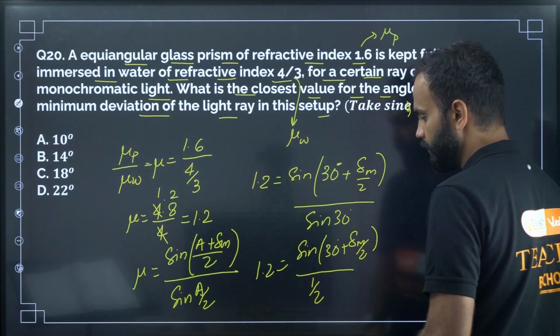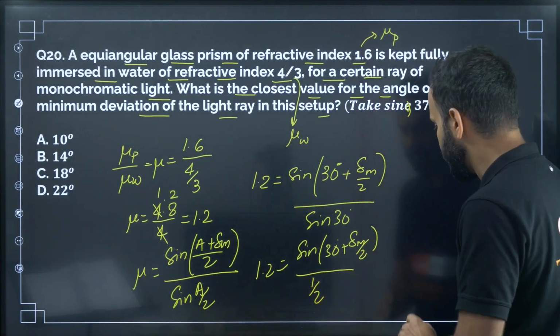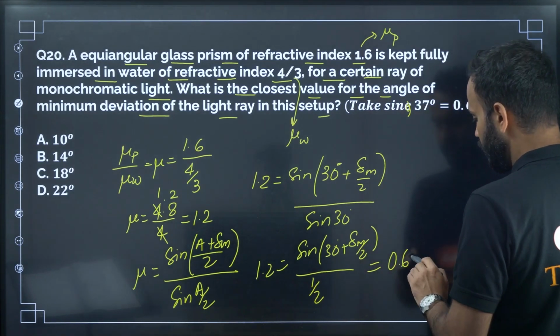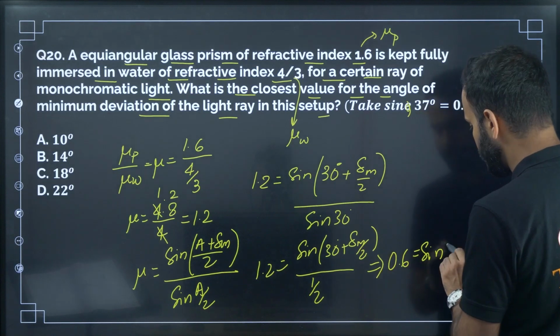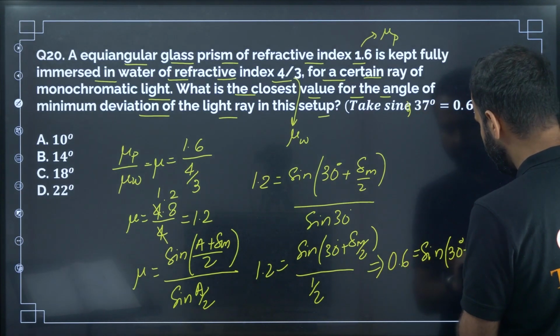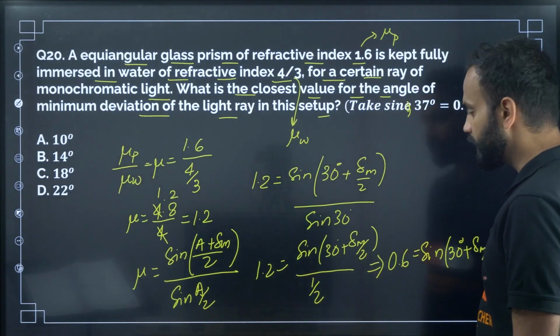Sine 30 degree is 1/2. So 1.2 by 2 is 0.6, right? So 0.6 equal to sine of (30 degree plus delta m) divided by 2. So sine inverse of 0.6 is 37 degree.